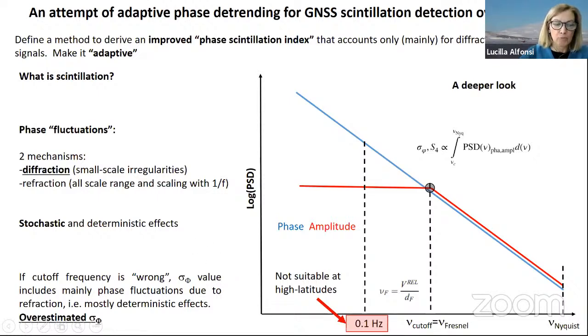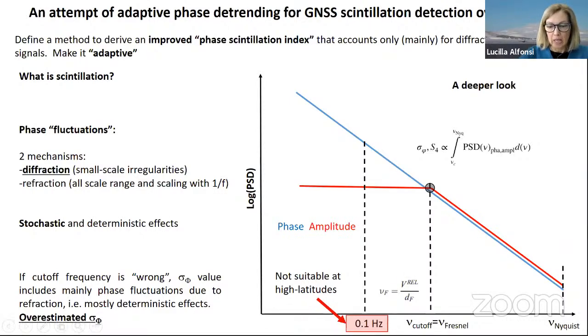Not all, but almost the bulk of the effect is deterministic. If the cutoff frequency that we are choosing for detrending the phase is wrong, so to speak, the phase scintillation value includes mainly phase fluctuation that is not related to scintillation, but is related to refraction, so to deterministic effect, because we are overestimating the sigma phi.